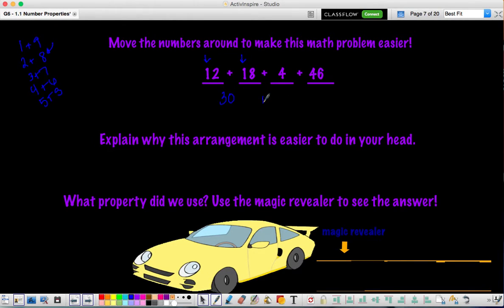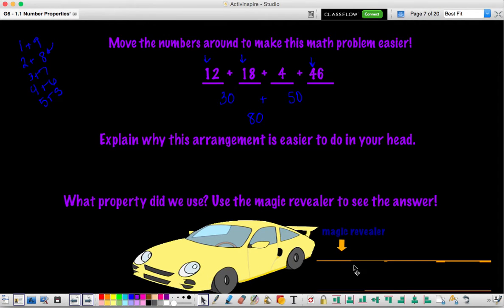So now I have 30 plus, well, I know 4 and 6 is 10, plus 4 more 10s is 50. And now this is easy to do because I just do 3 plus 5, which is 8, and 0 is 80. Again, this makes it significantly easier because I got 2 multiples of 10.